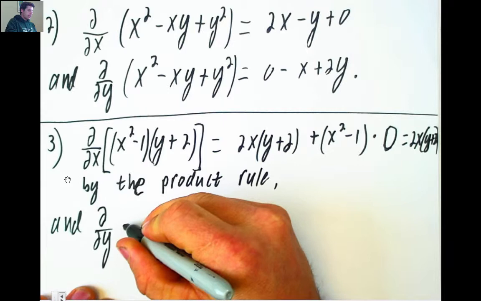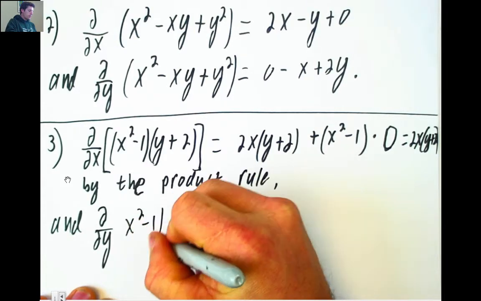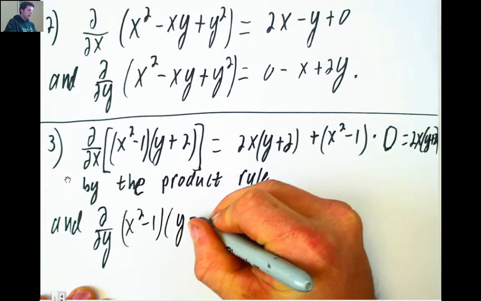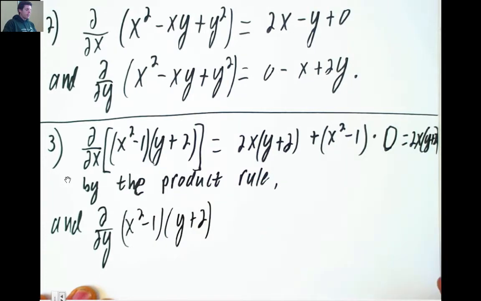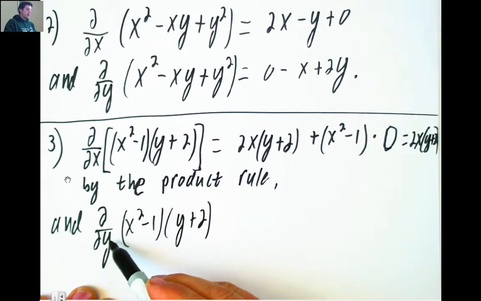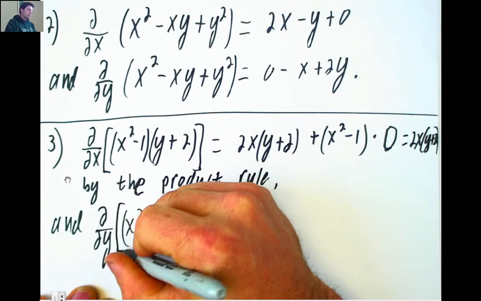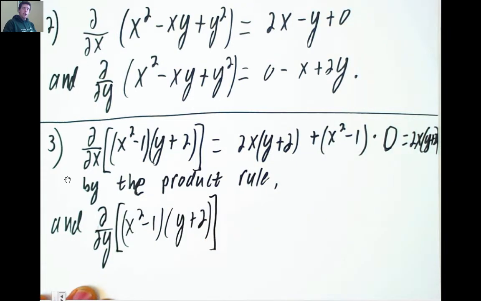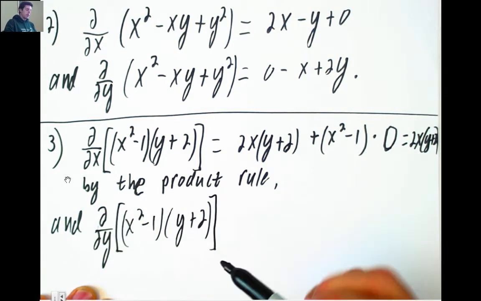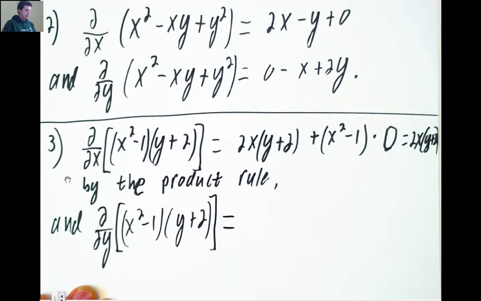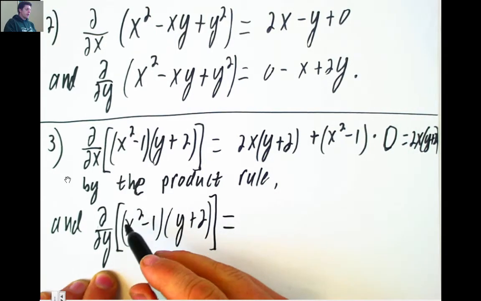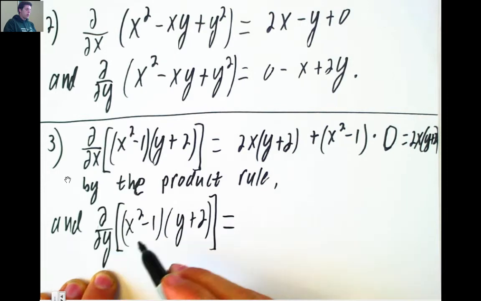Let's check that out. X squared minus 1, y plus 2. Now, it's not clear to me whether d dy here, this derivative operator, is meant to hit only the first term and not the second, or vice versa, so I will put this in parentheses, and that helps me to clarify that this derivative is meant to hit everything in here. And again, by the product rule, I have the derivative of the first factor with respect to y.